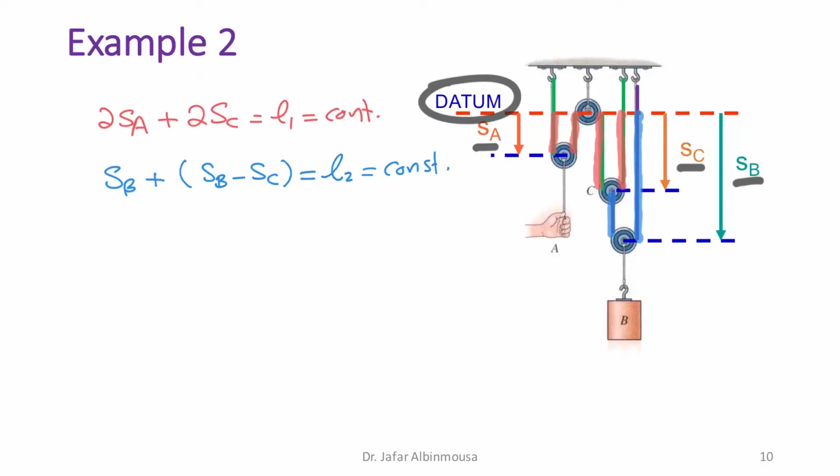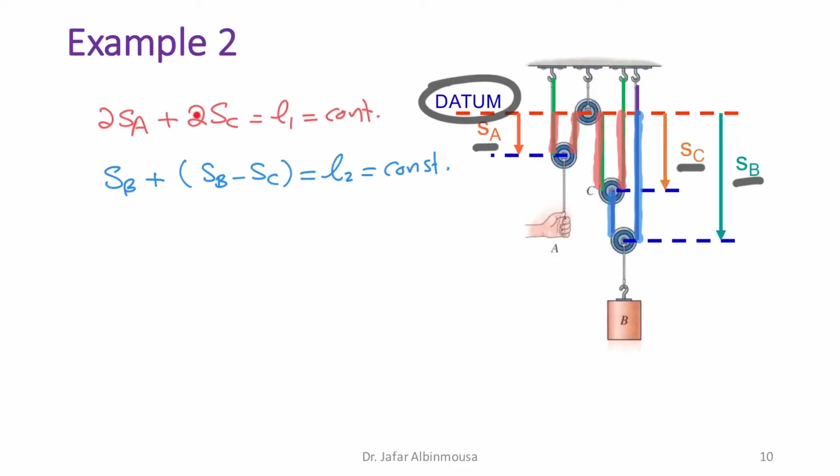So now what we can do, if you remember when I was explaining the procedure in part number 1, I said that these two chord equations have to be related by a single parameter so that we can combine the two equations. This parameter is indeed SC.